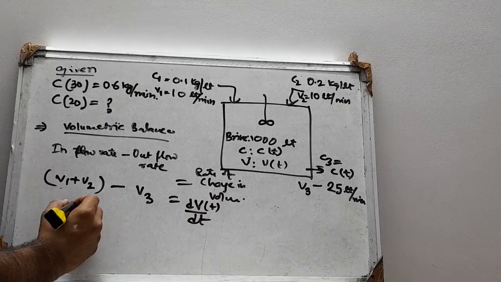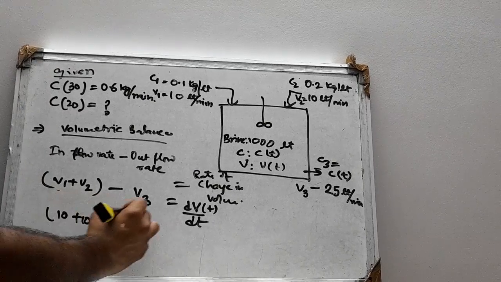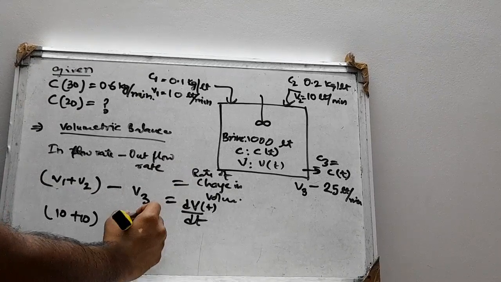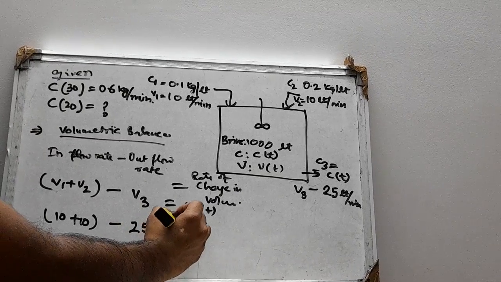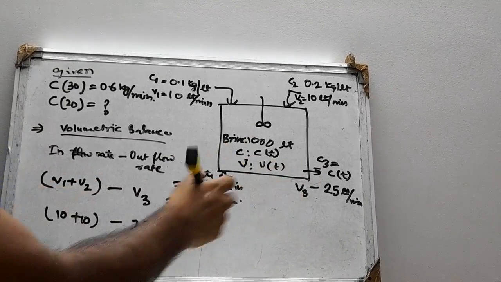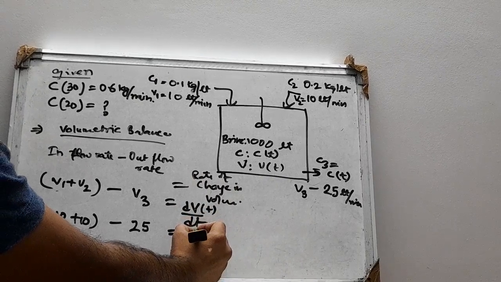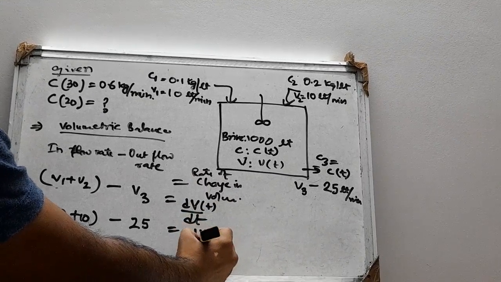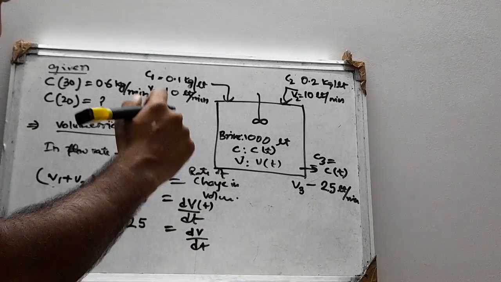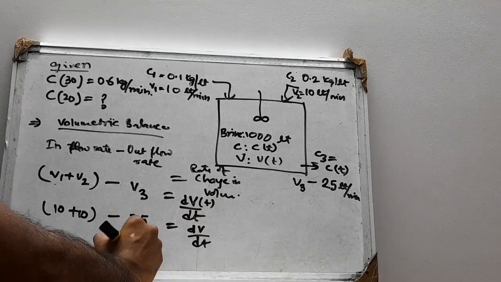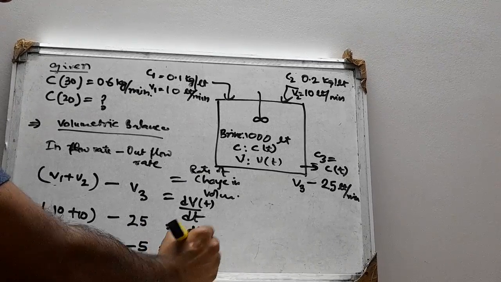What is V1 plus V2? This is 10 plus 10, and V3 is 25 liters per minute, and that is equal to dV by dt. So this is basically minus 5 equal to dV by dt.